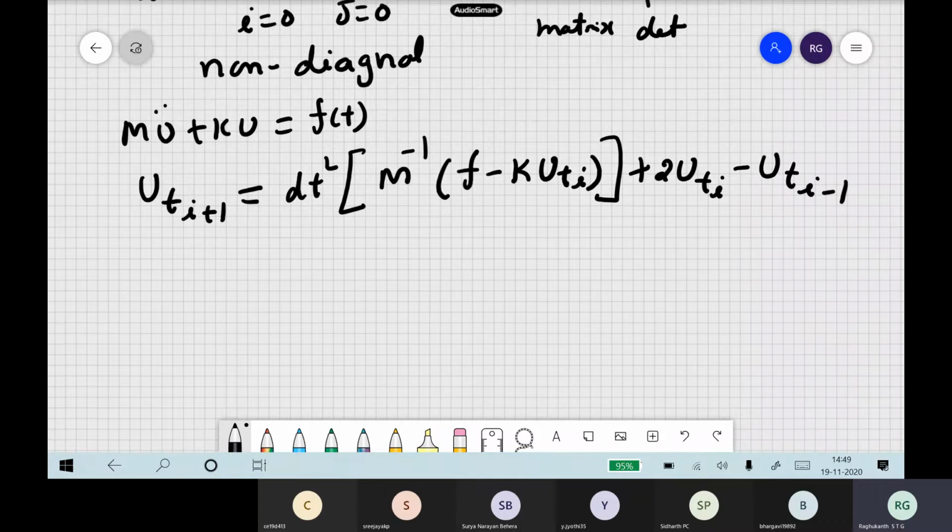So this is our central difference scheme in time. As I already told you, no need to use central difference, you can use the Newmark method. If you see any structural dynamics textbooks, they will give you these algorithms actually, the Newmark beta method, so many schemes are there. So this anyway is a central difference scheme. So it looks like this.